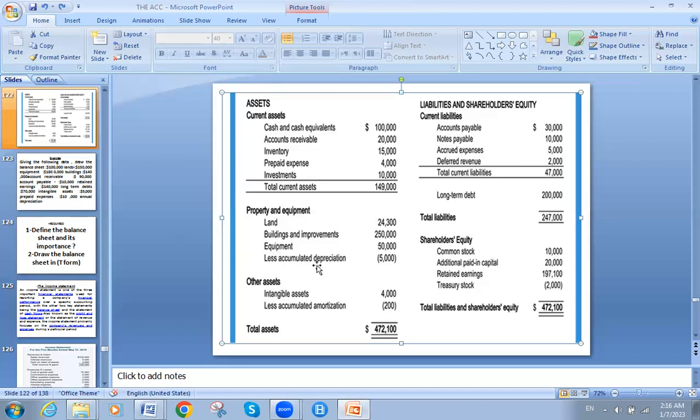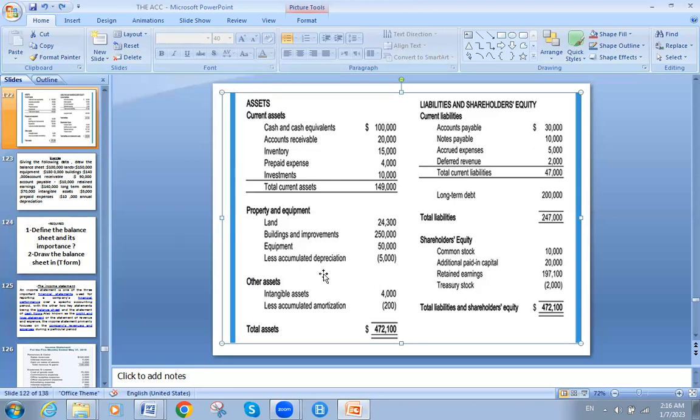Less accumulated depreciation, and we will talk about depreciation in one of the chapters. Depreciation means that you reduce the amount of the asset itself. For example, an asset's value after 4 years is not the same as when you bought it.